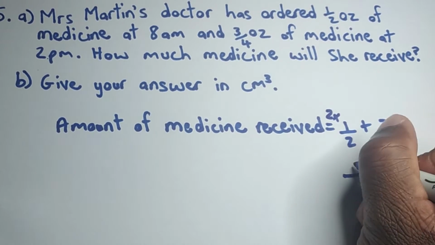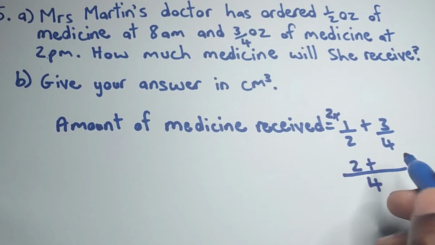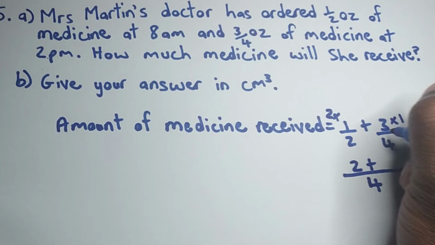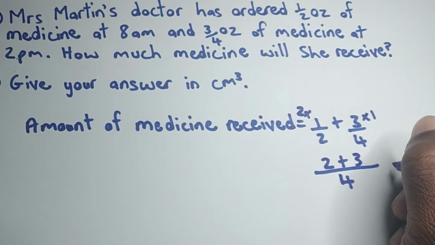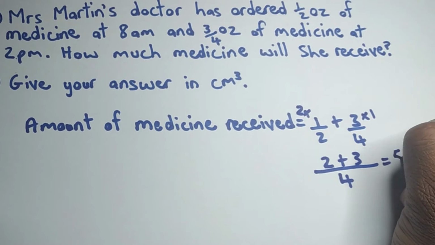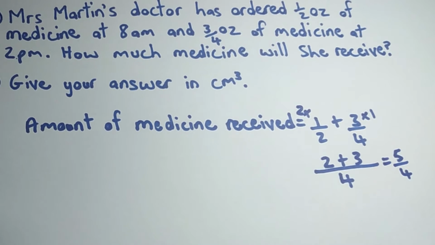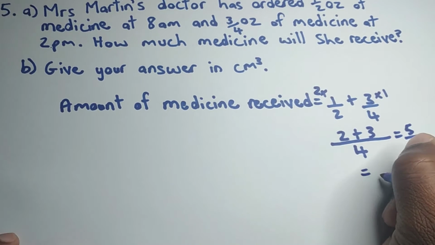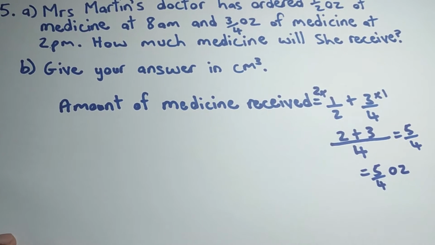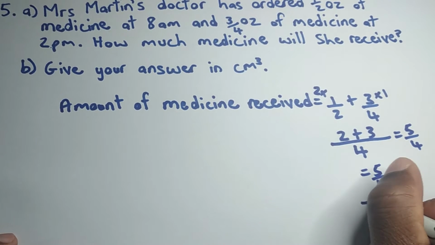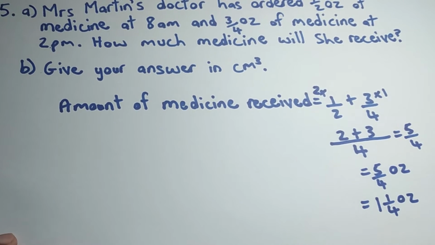So 2 times 1, that's 2, plus 4 into 4 goes 1 times 3, that's 3, all right? And this will give us 5 over 4, which is the same thing as 5 over 4 ounce, all right? Or we could write this as a mixed fraction, which is 1 and 1 over 4 ounce, all right?